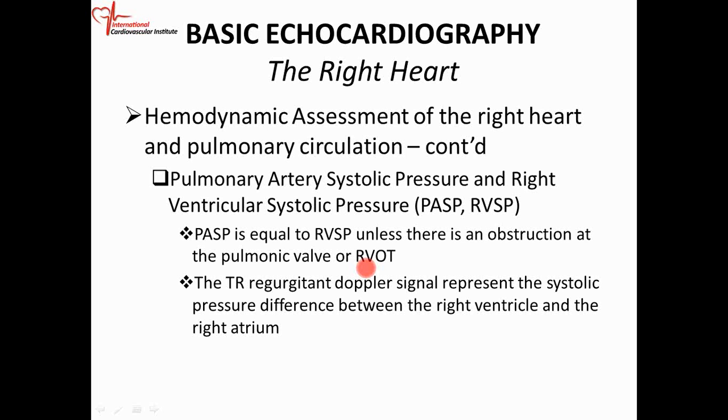But I said all that because the right ventricular systolic pressure is only equal to the pulmonary artery systolic pressure if there is no obstruction at the right ventricular flow tract or the pulmonary artery. If there is no obstruction, then the right ventricular systolic pressure is the same as the pulmonary artery systolic pressure.